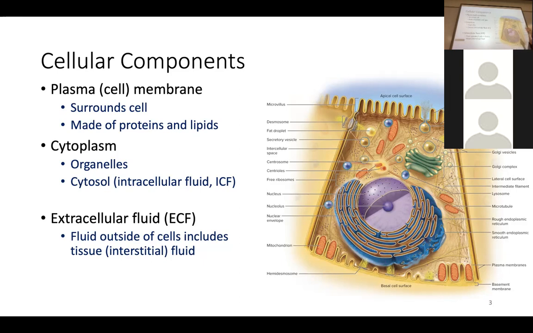A lot of the movements of things will depend on the gradients between what's in the cell in the ICF and outside the cell in the ECF. Interstitial fluid is another term for extracellular fluid. Interstitial means in between the tissues. So when we talk about tissues, there's fluid in between the cells that make up the tissues as well. So you'll see interstitial.